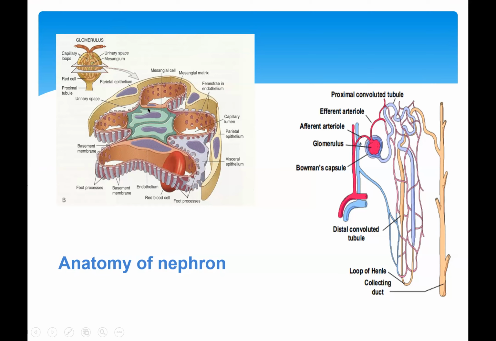In this illustration, it is shown by these orange structures, which line the capillary wall. The orange structures correspond to what we call the endothelium. The endothelial cells are around 70 to 100 nanometers in diameter.